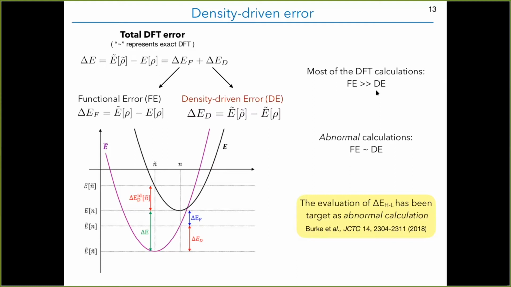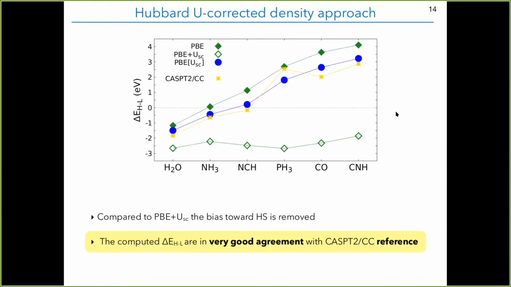In most DFT calculations, the error introduced by the approximation on the energy functional is larger compared to that of the inaccuracy of the electronic density. While there is a subset of calculations that are defined as abnormal calculations, in which these two errors are comparable. And this is indeed the case for the evaluation of delta E.